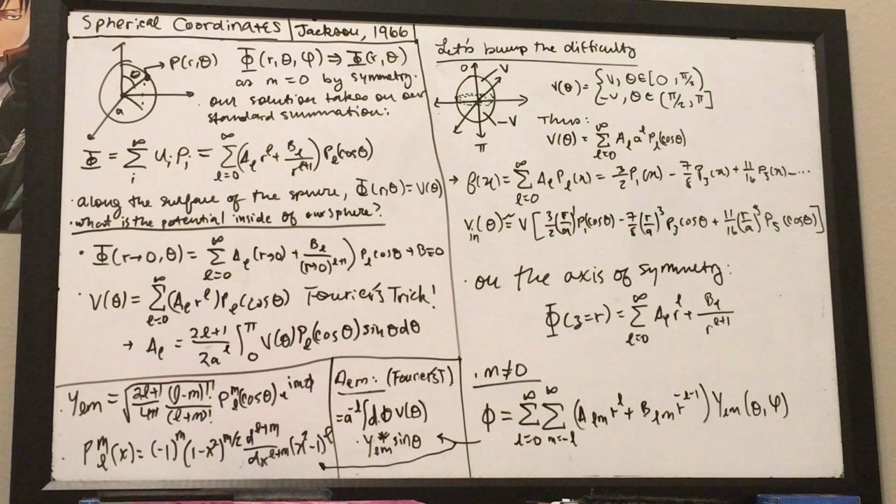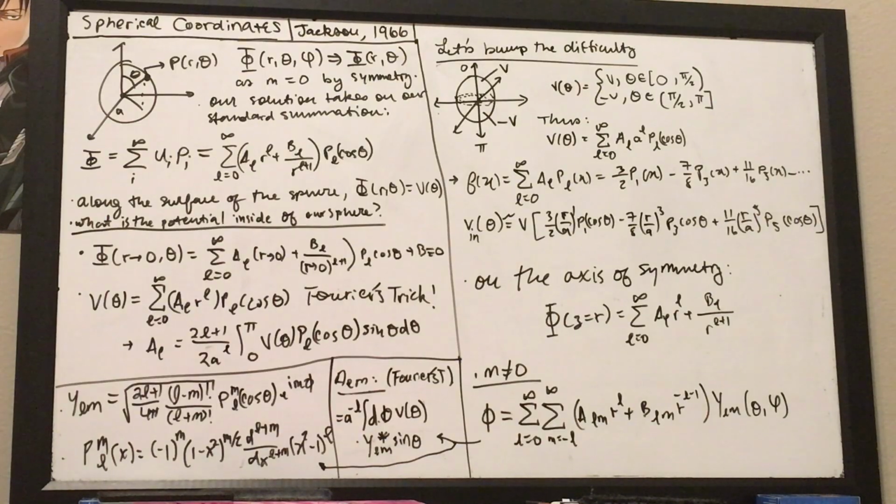Generally, some other comments about spherical coordinates or spherical Laplacian equations: along the axis of symmetry, we can just write our potential as a sum over the radial components of our potential itself. And in the case where it gets really crazy, we have phi equal to a double sum times this Y L M figure here.